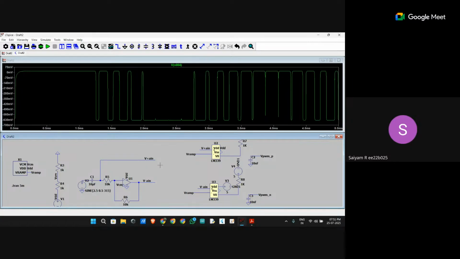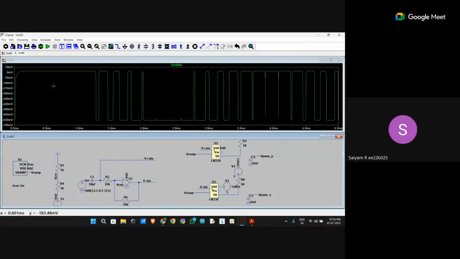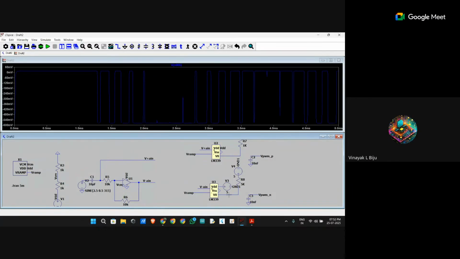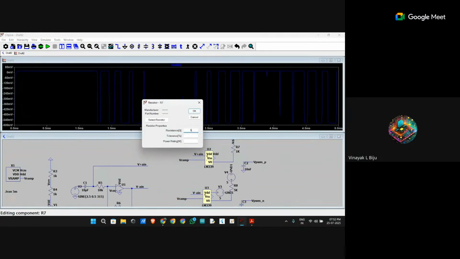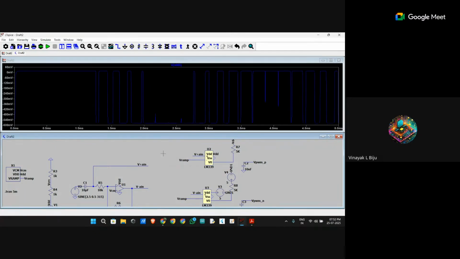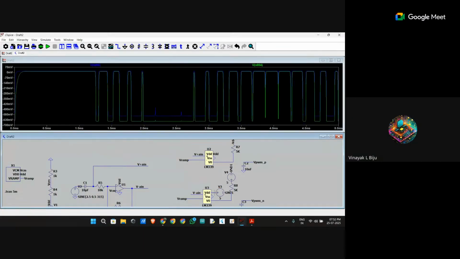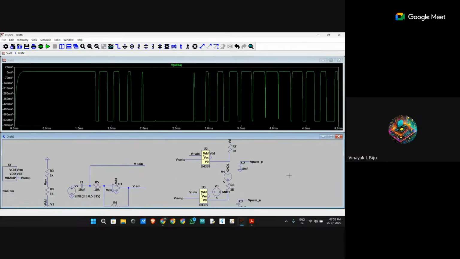Maybe you can try increasing the pull-up resistance, maybe to 5 kilo ohms. Still, it is the same. So the top one is coming correctly.